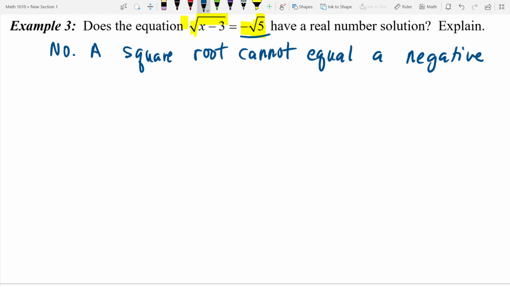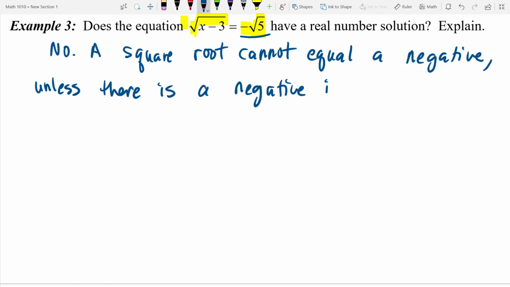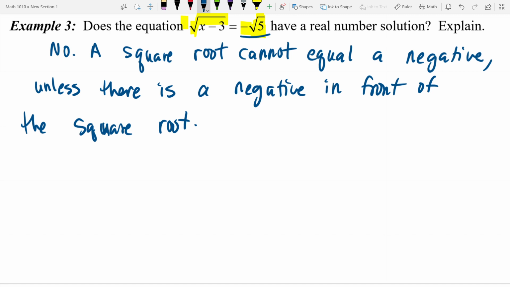So a square root cannot equal a negative unless there is a negative in front of the square root. That's all I'm going to say.